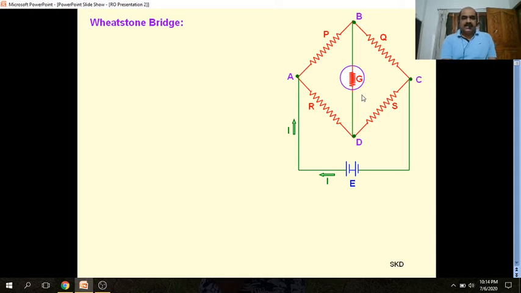In order to get the condition for this, when this galvanometer shows null deflection or when the potential difference between B and D is 0, let us consider the network. Across AC we connect a source of EMF, that is the cell, along with the battery. Say this cell delivers a current I which flows in this network.